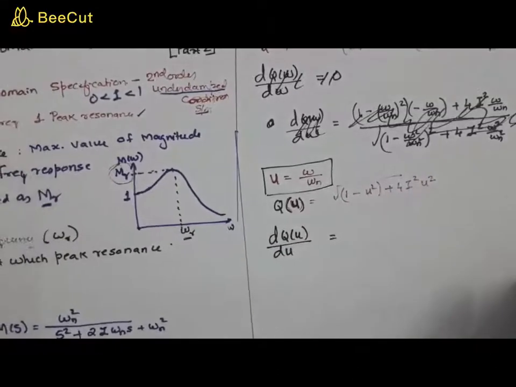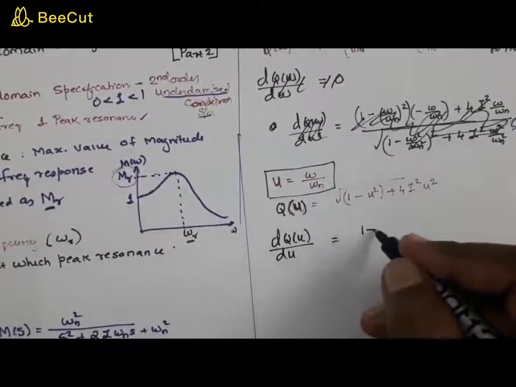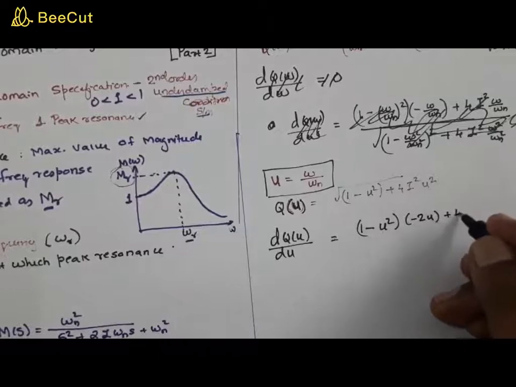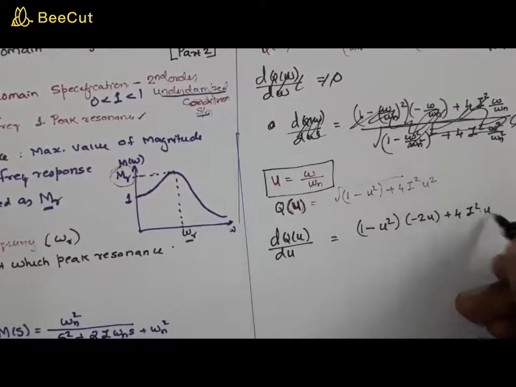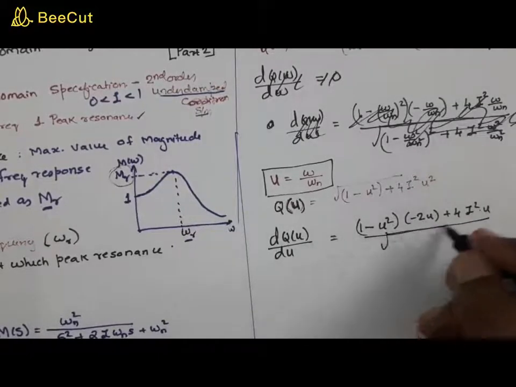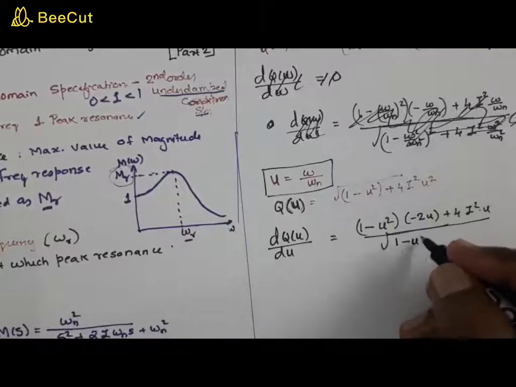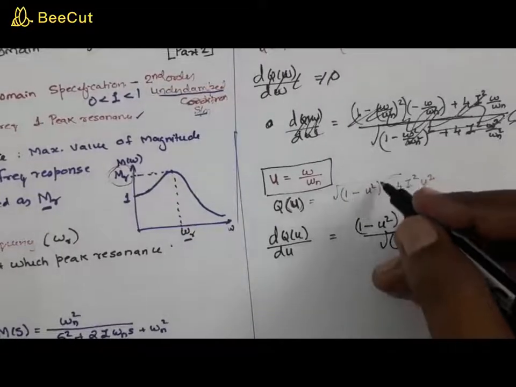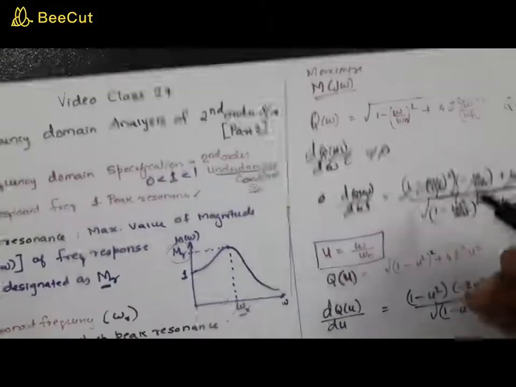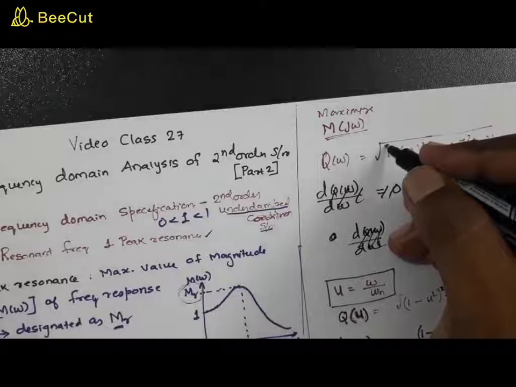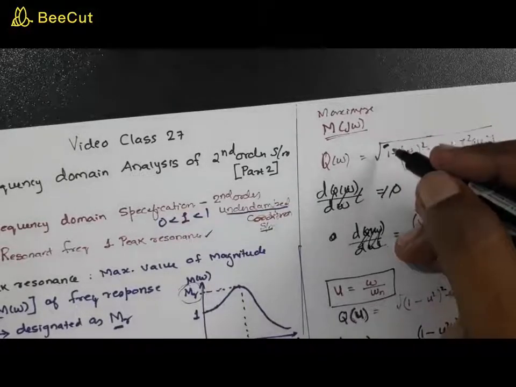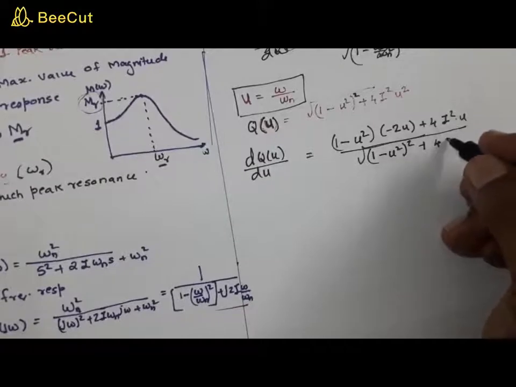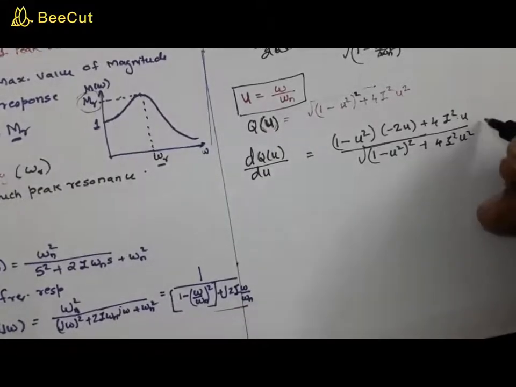When you differentiate this, you may do it by yourself, you will get this equation as (1 minus u square) into minus 2u plus 4 zeta square into u, divided by root of (1 minus u square) whole square plus 4 zeta square u square, which is equal to 0.